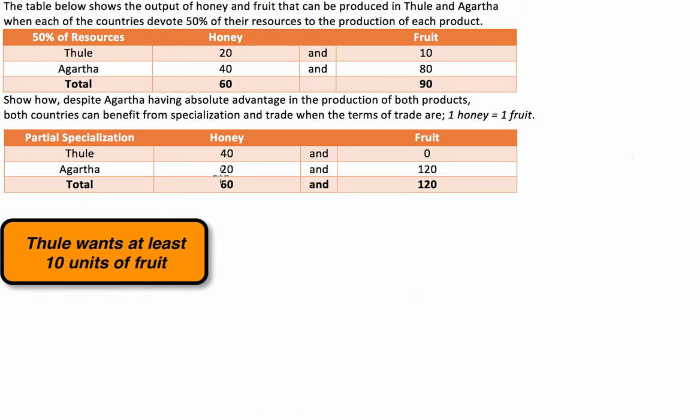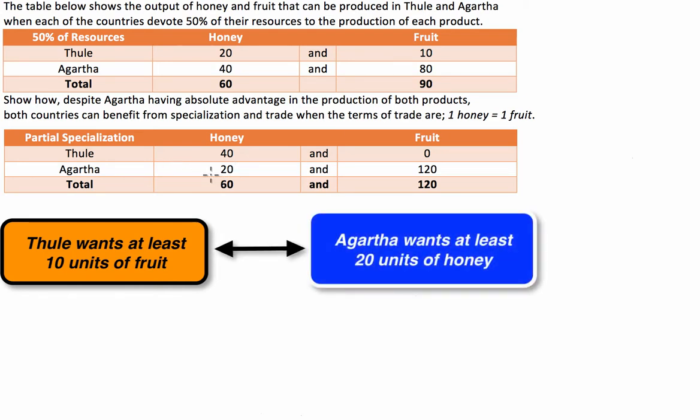So Agartha is going to have to trade with Thul to increase its ability to consume honey to 40 units. So if Agartha is going to want to buy 20 units of honey off Thul, the current terms of trade is going to require it to pay Thul 20 units of fruit.